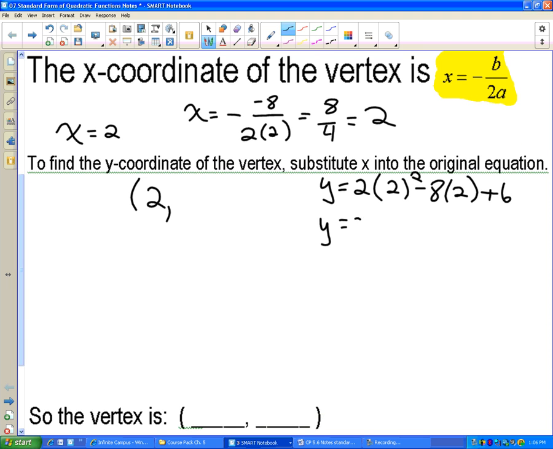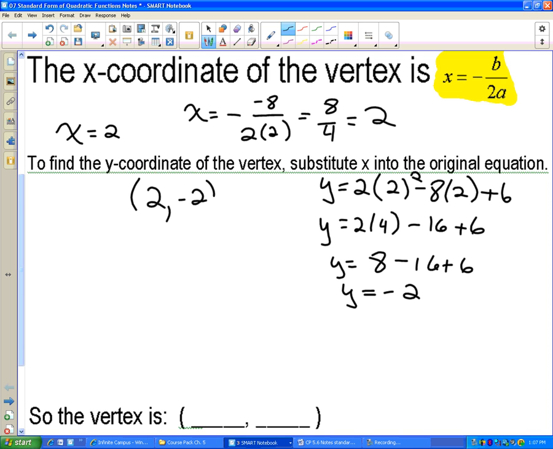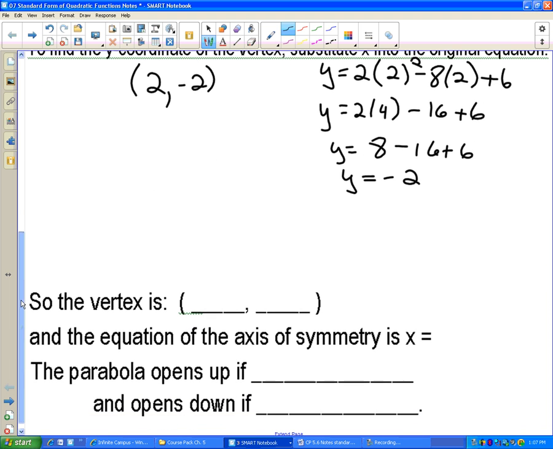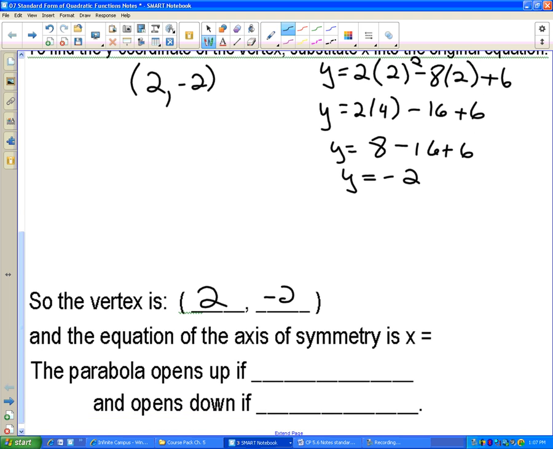So this is y equals 2 times 4 minus 16 plus 6, which is 8 minus 16 plus 6. 8 minus 16 is negative 8, plus 6 is negative 2. So my vertex is (2, negative 2), and the equation of the axis of symmetry is x equals 2, like I said earlier.